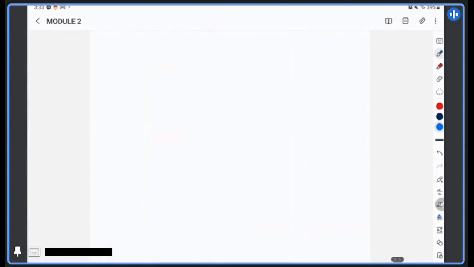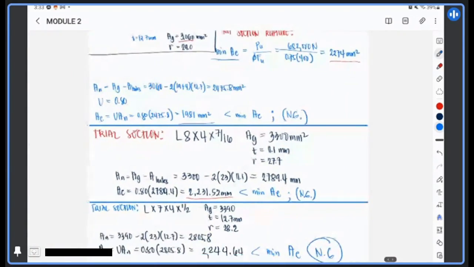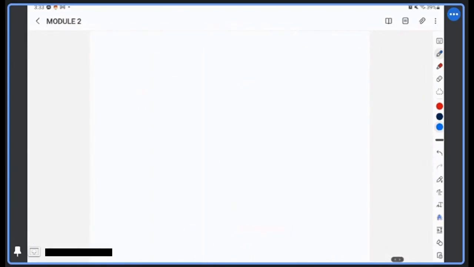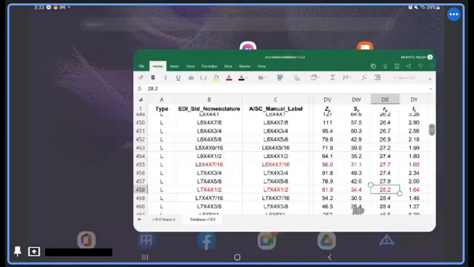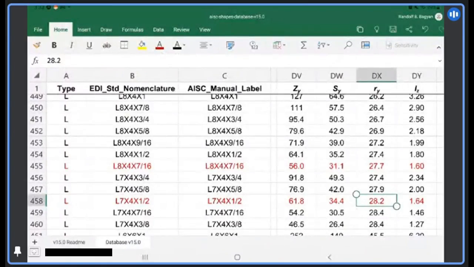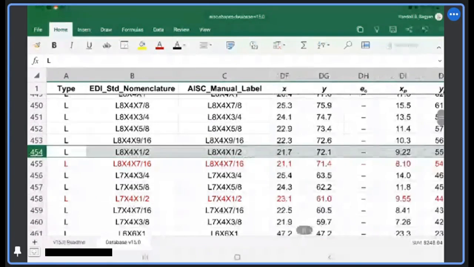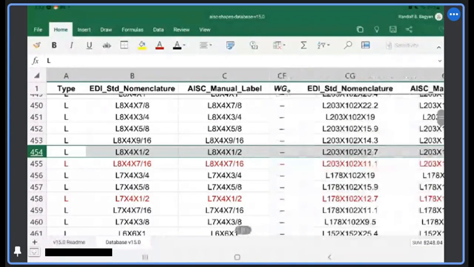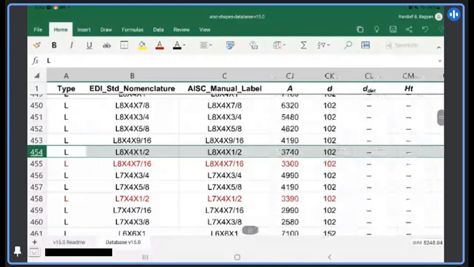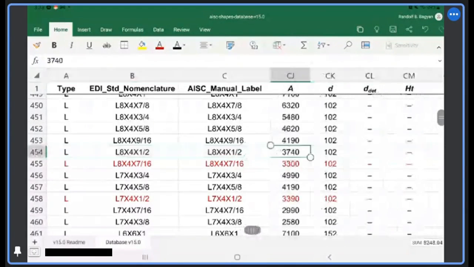Okay. Kasi ang sagot sa libro, guys, is 8 by 4 by 1/2. This is 7 by 4 by 1/2 eh. So, pag 8 by 4 by 1/2 kasi, laki na ng area niya. Trial section. Let's now check for 8 by 4 by 1/2. Sorry.